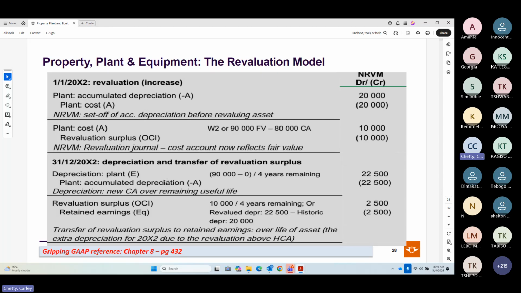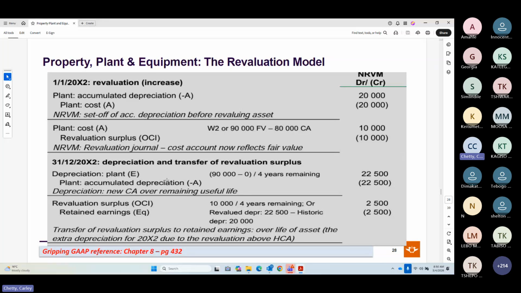So we are going to debit plant accumulated depreciation, setting off the accumulated depreciation against the plant cost, and we are crediting plant cost. We are doing this because we are about to revalue the asset.